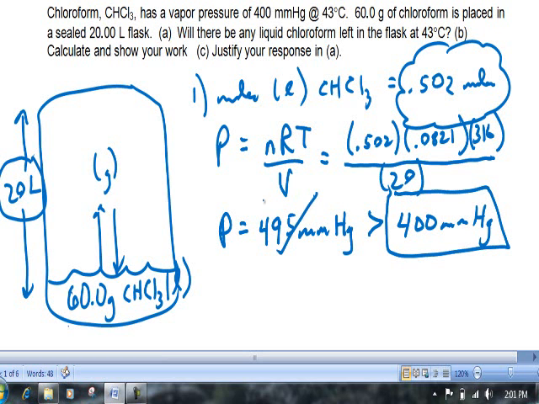So we can never actually get to 495 millimeters mercury because it'll stop at 400. So given that the pressure we would get if all of it evaporated is larger than the vapor pressure, this tells us that some of the liquid would be left behind because the liquid would stop evaporating once we reach 400 millimeters mercury.